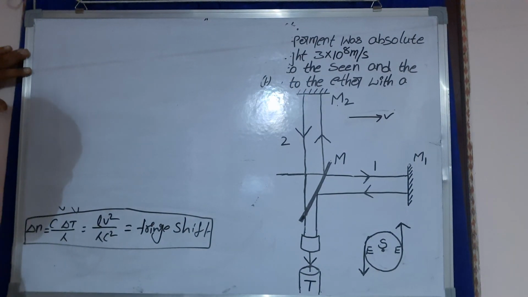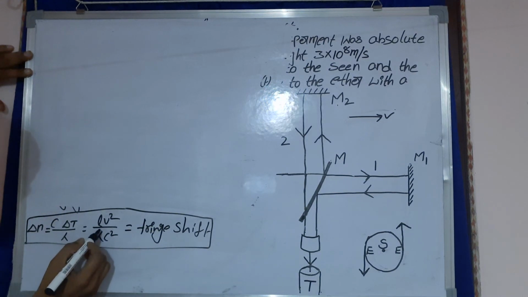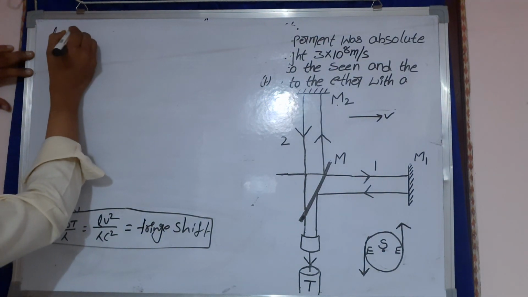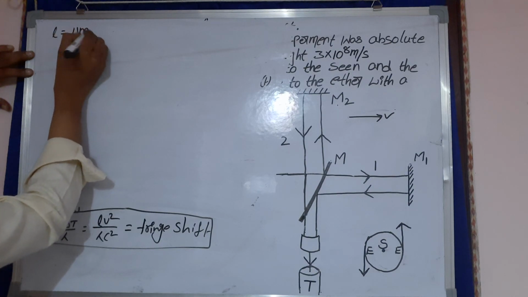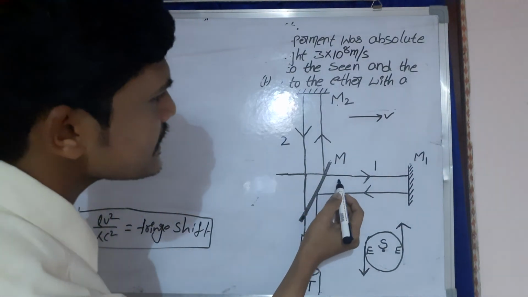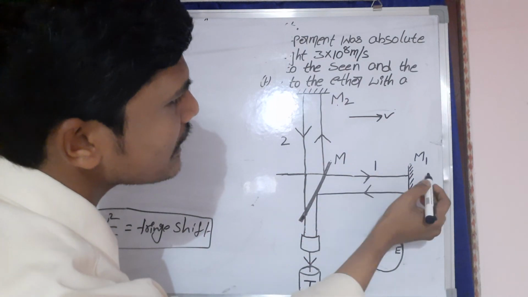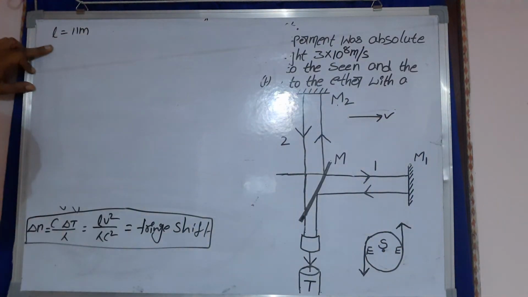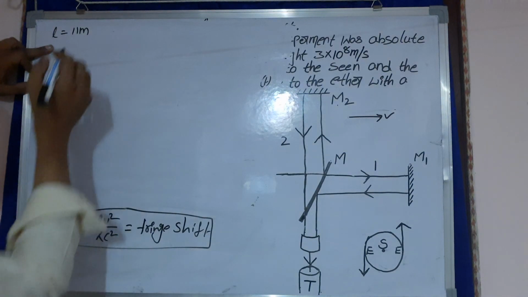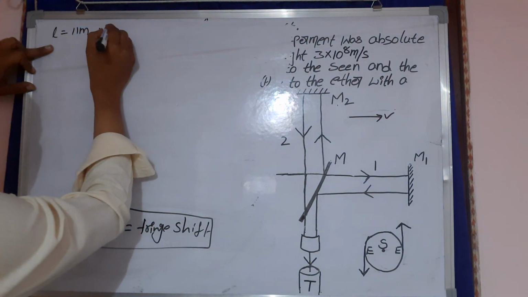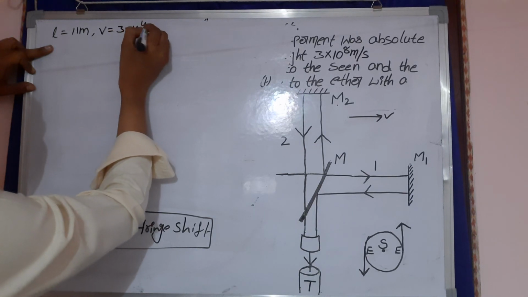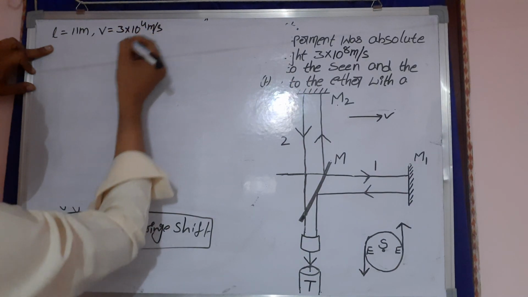Next one. Michelson and Morley considered values L equal 11 meters. So the distance between M1 and M2 equal to 11 meters. V means object velocity, 3 into 10 power 4 meter per second.